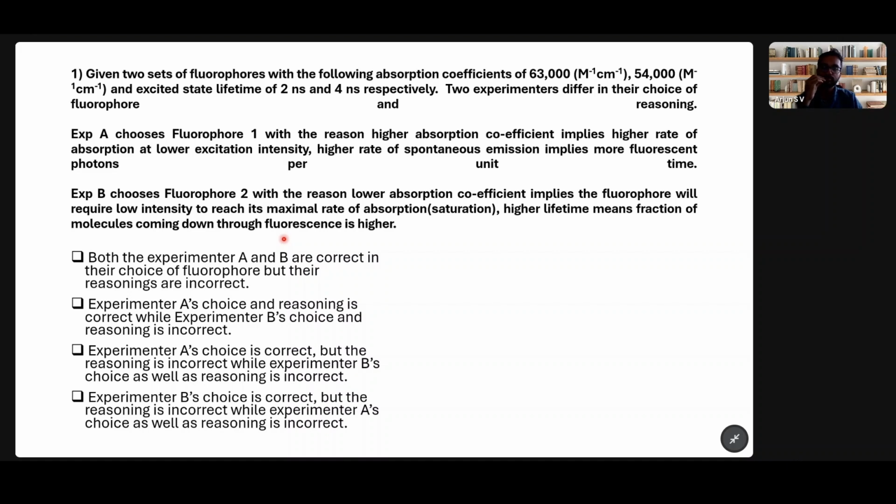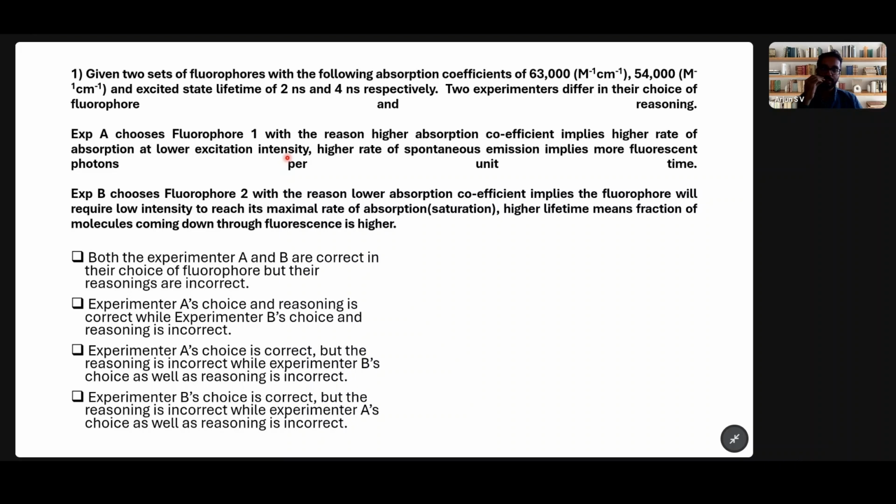If we look at both experimenters, experimenter 1 has chosen fluorophore A, which has higher absorption coefficient and lower excited state lifetime. He is saying that higher absorption coefficient implies higher rate of absorption at lower excitation intensity, which is totally true, because even with lower intensity, a higher rate of electrons get excited to the excited state.